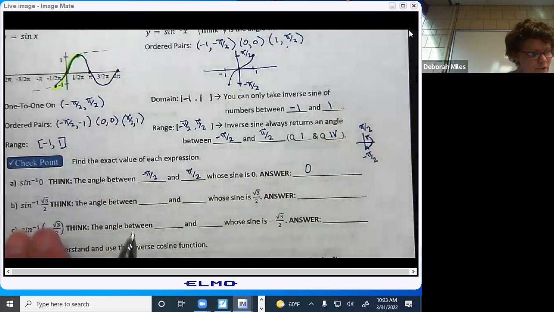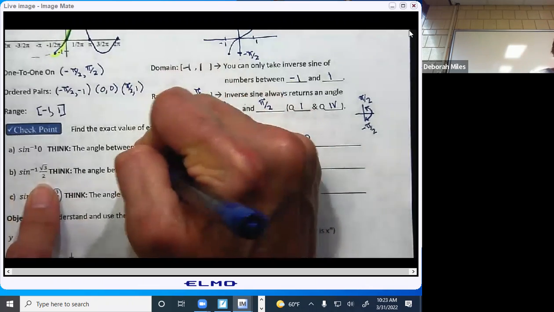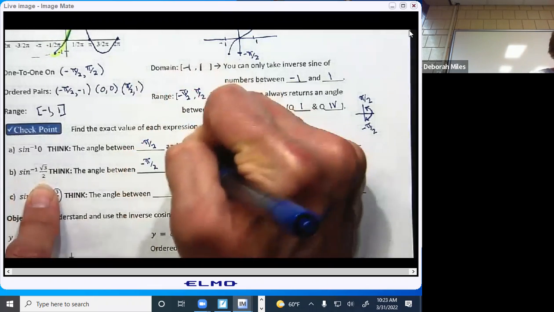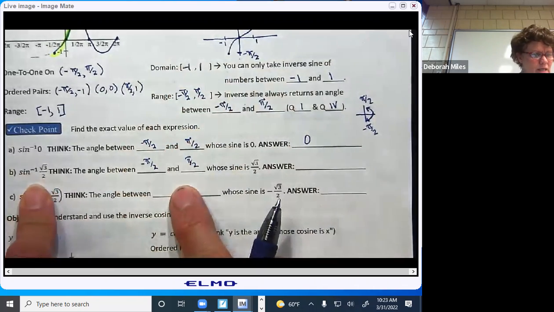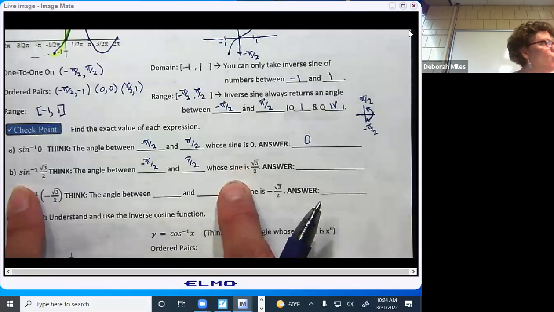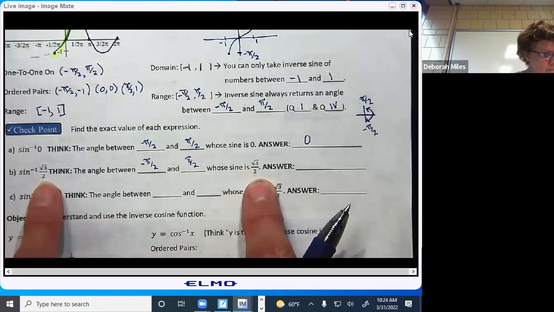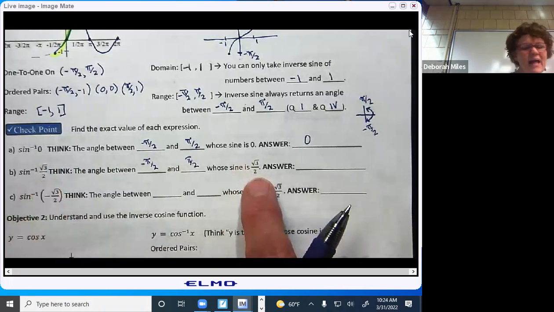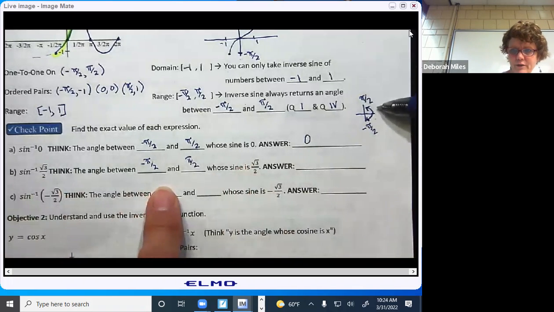All right, inverse sine of square root of 3 over 2. I have to give an angle between negative pi over 2 and pi over 2, because that's what inverse sine always gives me. I need the angle whose sine or y coordinate is square root of 3 over 2. If that's positive square root of 3 over 2, is it going to be fourth quadrant or first quadrant?